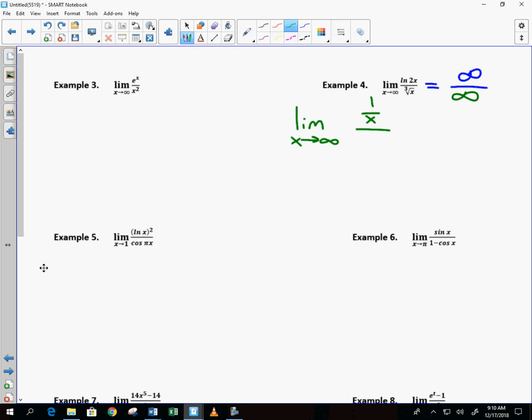What's the derivative of x to the 1/3? One over 3x to the 2/3. Multiply by the reciprocal.